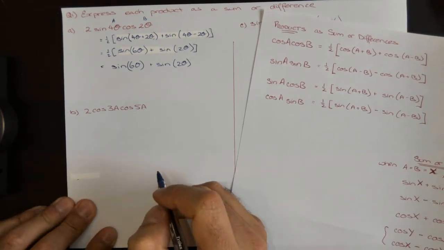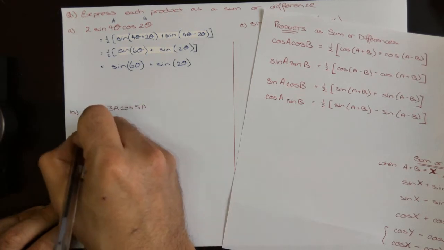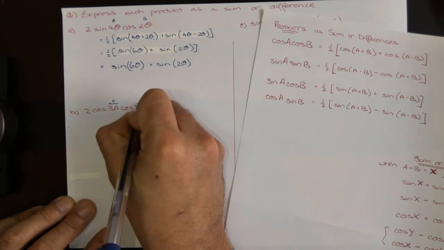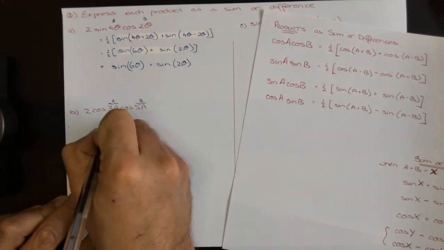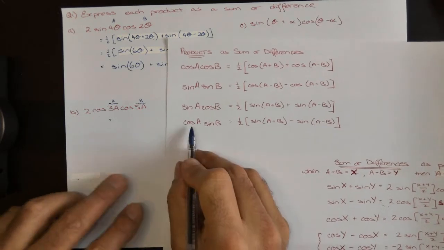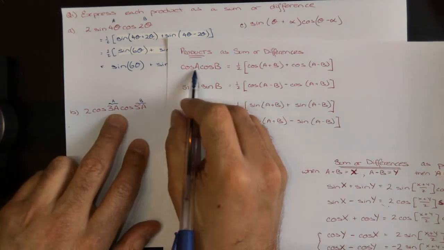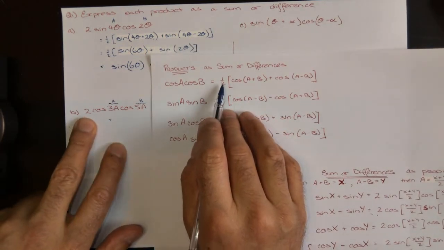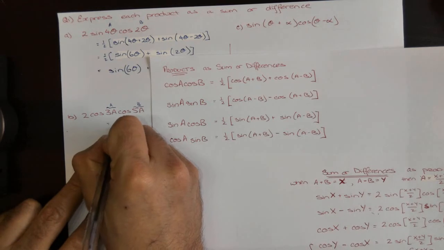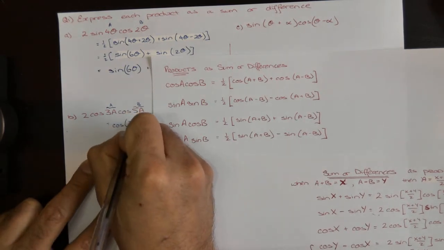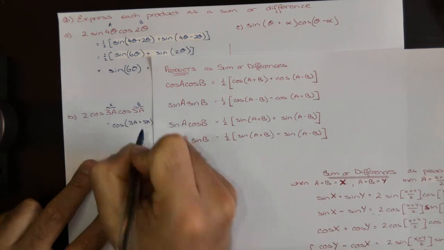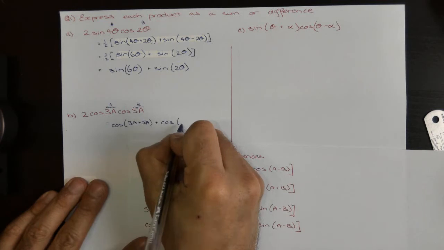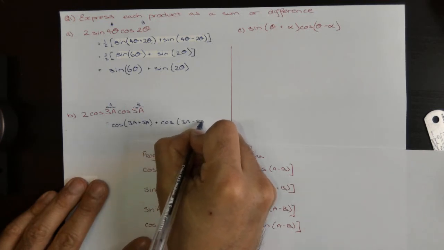Cos 3a cos 5a. So I'm going to let this be my A and this part be my B. So we've got cos and cos, cos A, cos B. So I'm going to use this formula. That 2 will cancel out that half. So I've got cos of 3a plus 5a plus the difference, plus cos of 3a minus 5a.